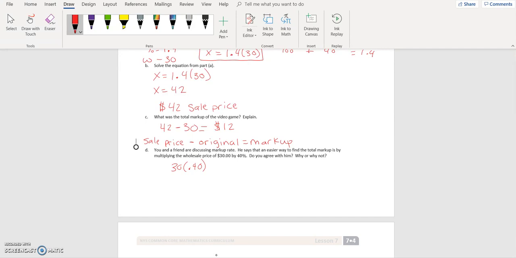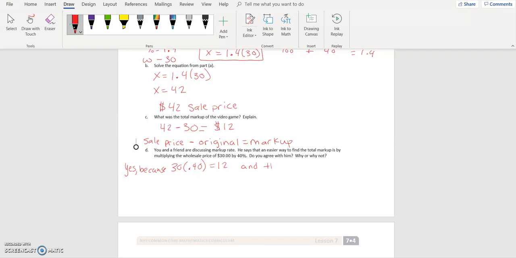So why or why not? Yes, I'm going to agree with him because it still gives me the markup price. Let me erase this. Yes, because it's still 12.